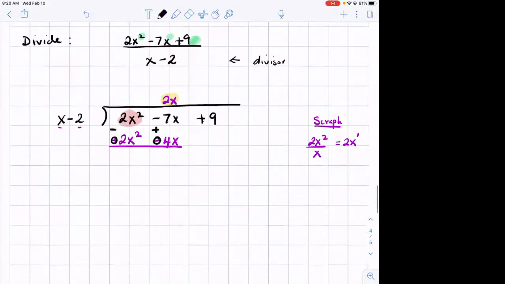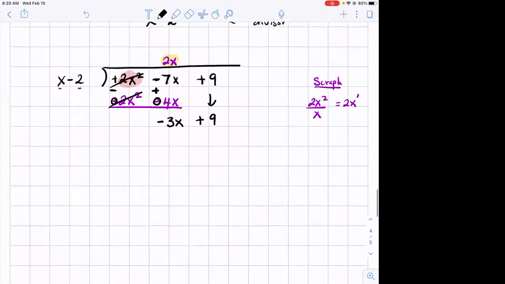And now we combine like terms. So minus 7x plus 4x becomes minus 3x. Plus 2x squared minus 2x squared, these two terms cancel out. Immediately after you finish, you must bring down. And then we repeat what we did again.